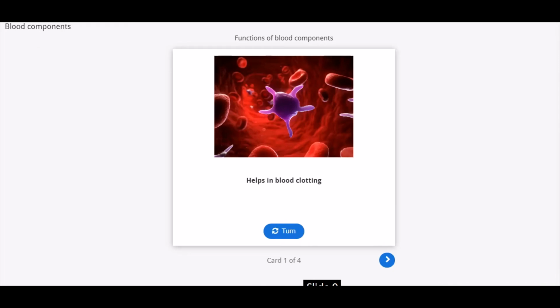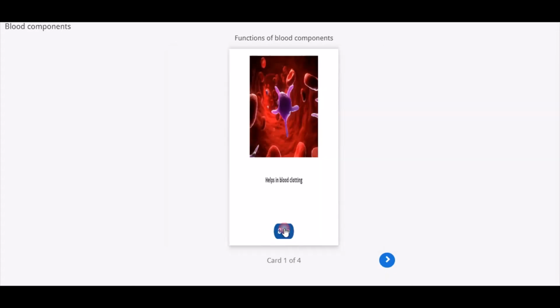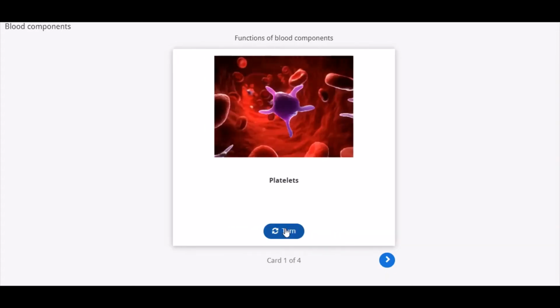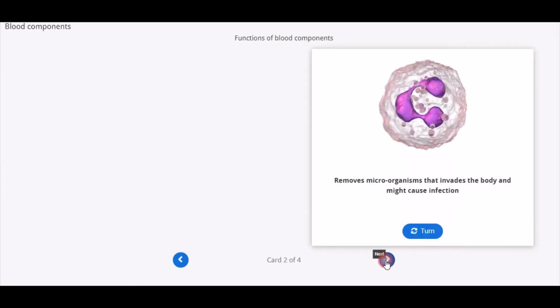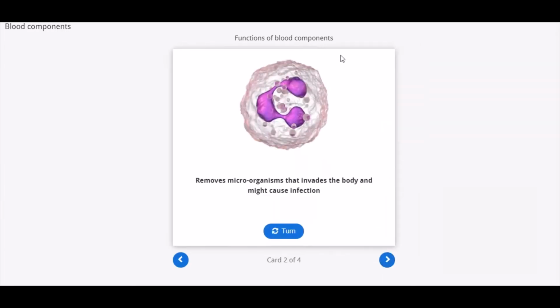Blood components, functions of blood components. This is an image showing us a component of the blood that helps in blood clotting, showing us the platelets. There's another image showing us the component of the blood that removes microorganisms that invade the body and might cause infection.